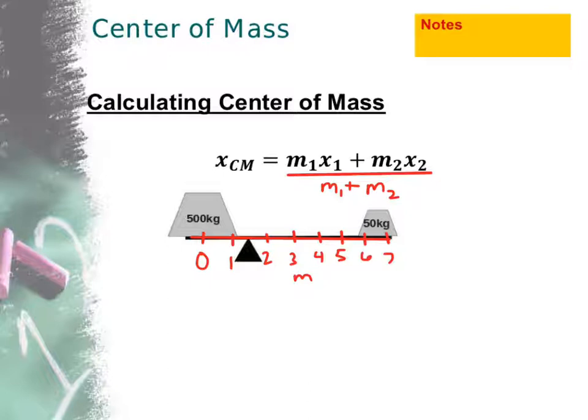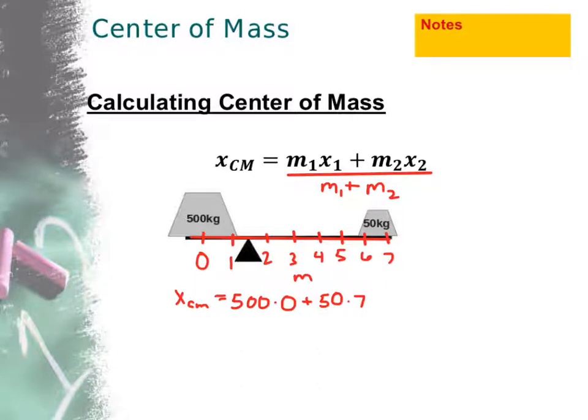So what I'm going to do is multiply the mass of this object times its position, which is 0. So x center of mass equals 500 times 0 plus, now, I have 50 kilograms times its position, and that position looks like it's at, I know it's really at 6.5, but I'm being lazy today, and I'm going to estimate that at 7, simply because I want the math to be a little bit easier for myself.